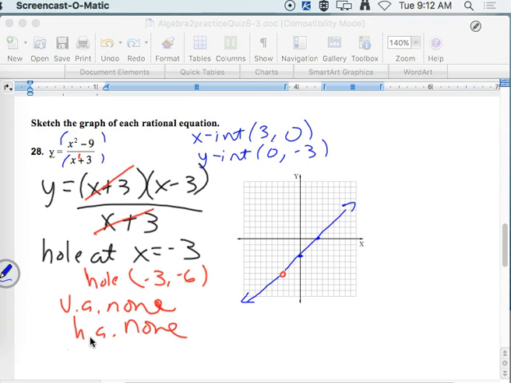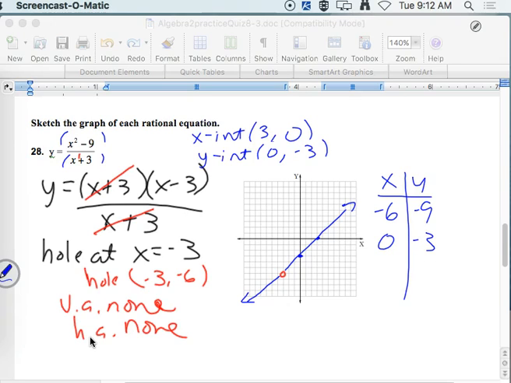So we have to remember at some point to put that hole in this graph. And yeah, there'll probably be a table on the test, so you can just pop a few numbers up on the table. -6, -9, 0, -3, maybe one positive number.